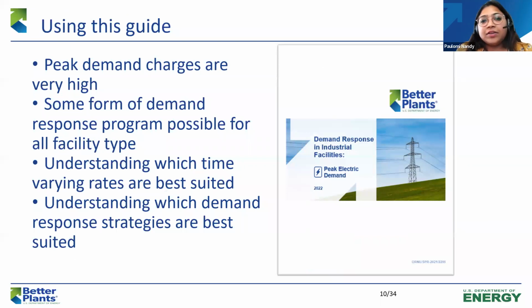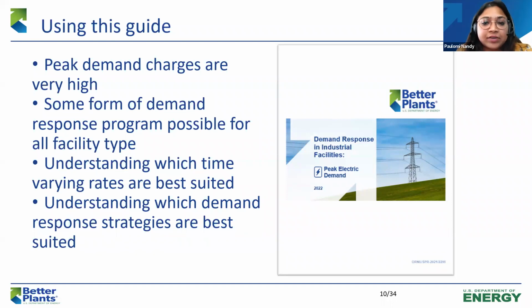Okay. Using this guide, as Bruce mentioned, I, with my colleagues Thomas Wenning and Alex Botts, have developed this resource for our industrial partners specifically. Peak demand charges for industrial facilities are usually very high. Every industrial facility in some way or the other can deploy some form of demand management to help curtail their peak demand charges.